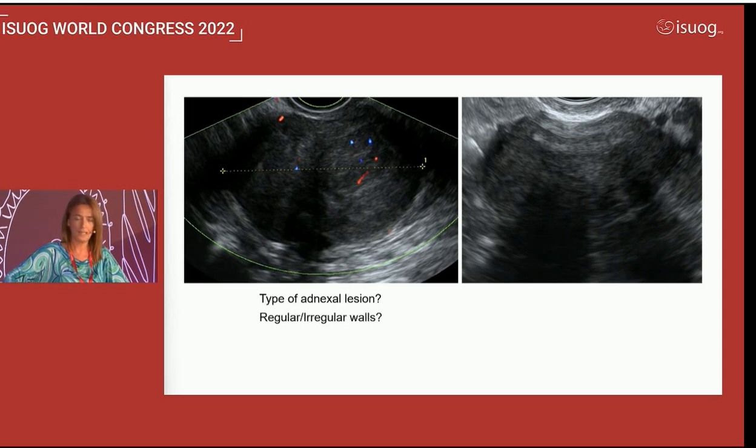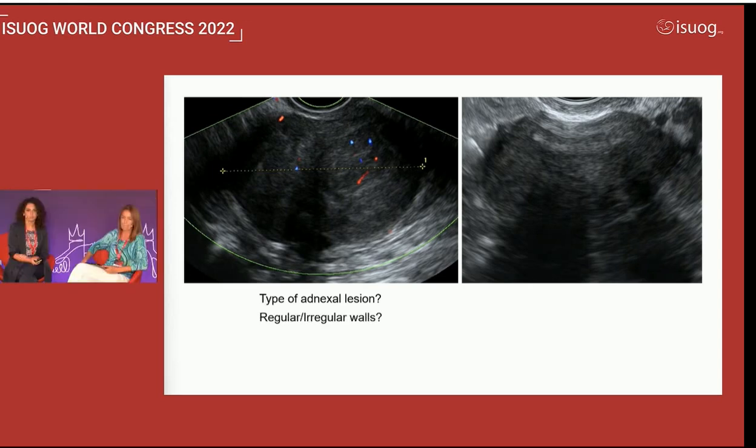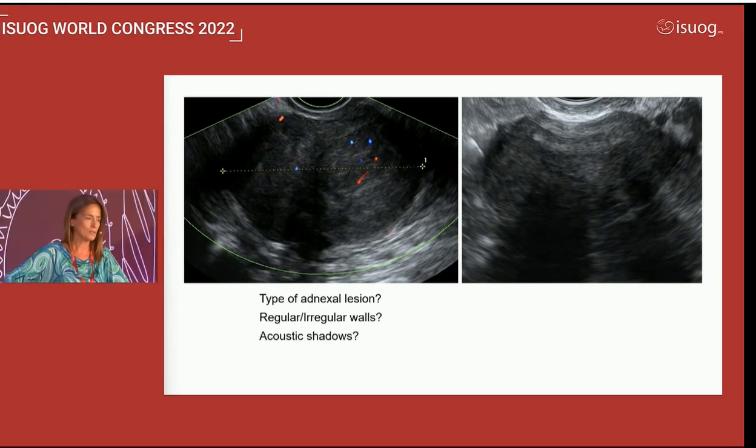Solid, no doubts. And we also look at the regular or irregular walls. That's tricky, because talking about regularity or irregularity is a very old question. If we look at the border, they seem to be regular to my eyes, even if at times 6, 7, I was uncertain, is it an irregularity or not?